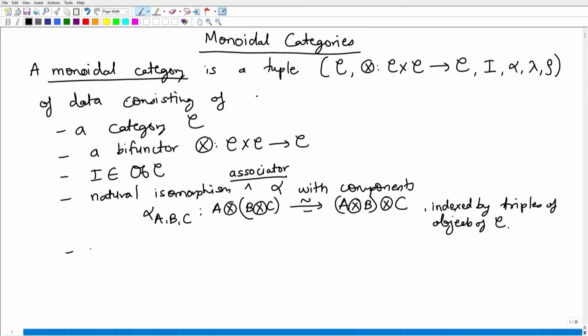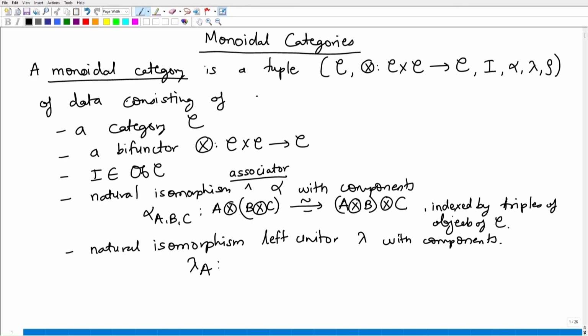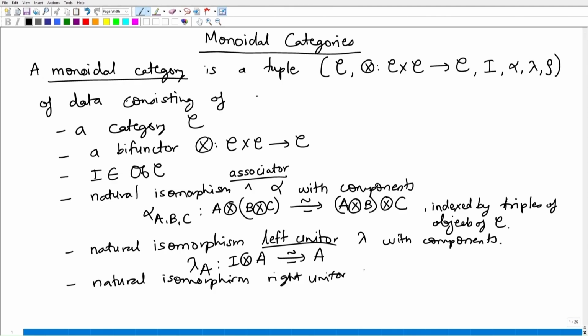Then a natural isomorphism, the left uniter lambda, with components lambda A from I tensor A to A, and a right uniter, a natural isomorphism rho.